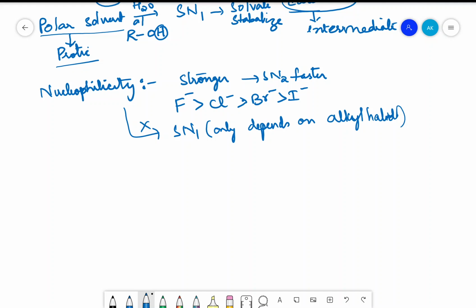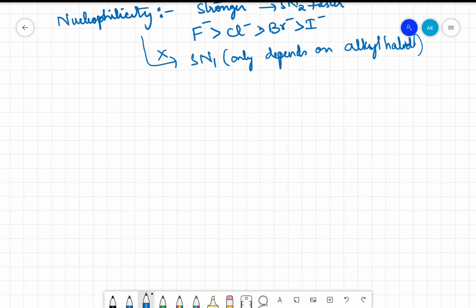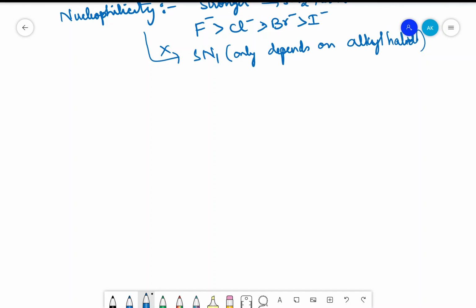After the nucleophilicity topic, next is leaving group. Whatever we have studied in SN1 and SN2 reaction, we are just trying to generalize here in various side headings. So leaving group: as you know, the reaction rate of both SN1 and SN2 is increased when the leaving group is a stable ion. So the leaving group should be stable and also should be a weak base.